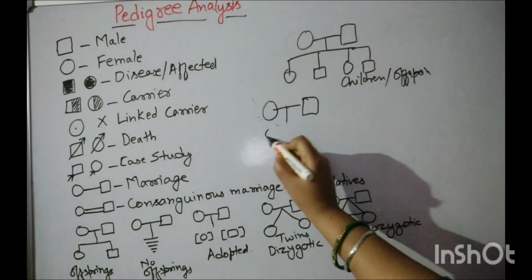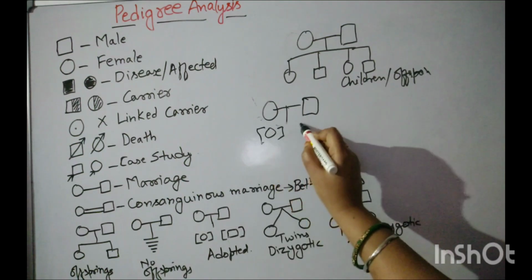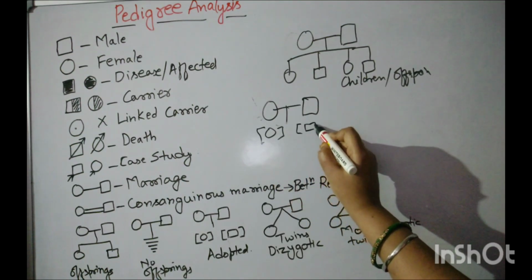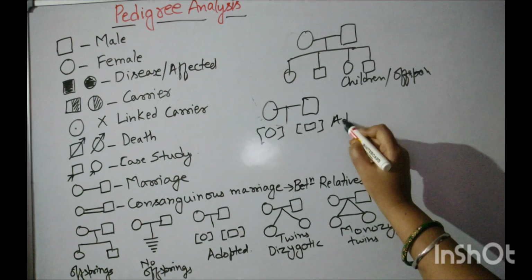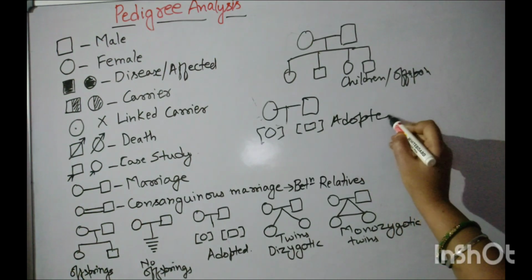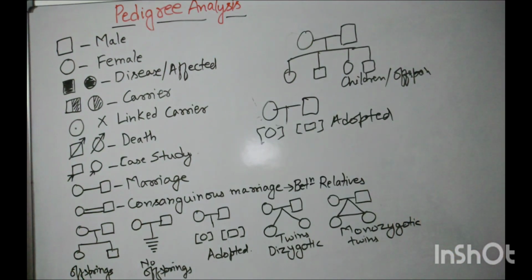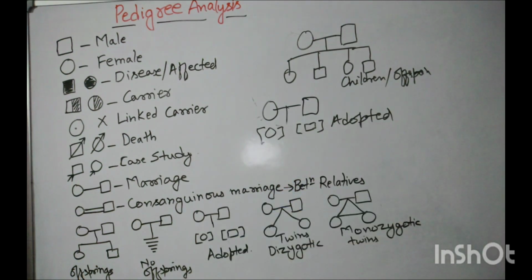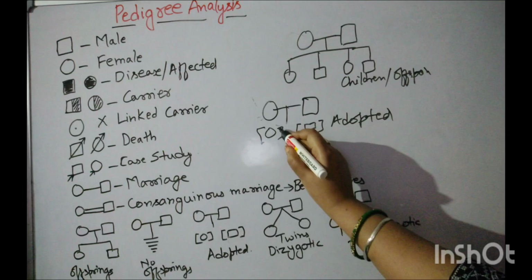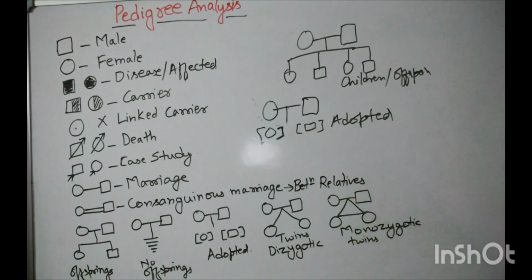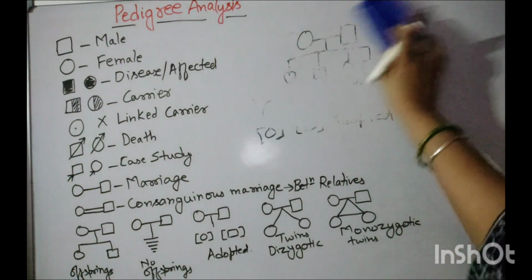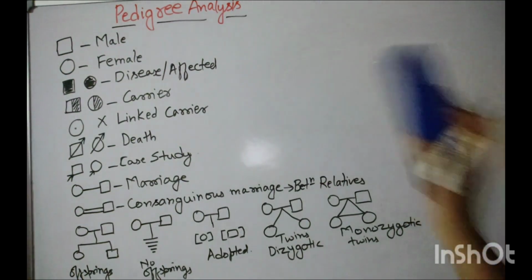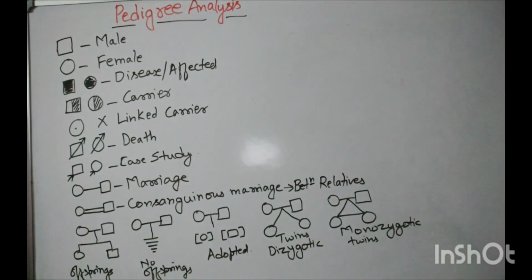If I draw them in brackets, this means adopted: the couple has adopted the children. This is the offspring, this is no offspring, this is adopted.